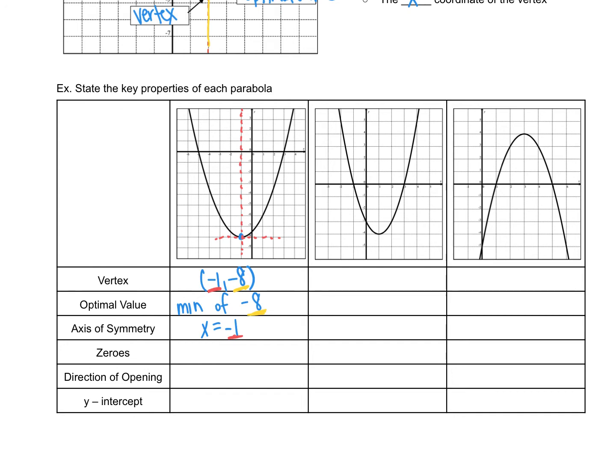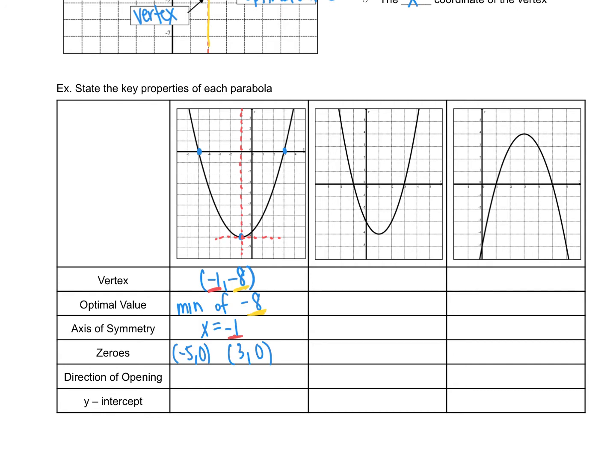The zeros, or the x-intercepts, are here and here. So you're looking at your x-axis and checking to see where your parabola hits it. So we do have 2. We have one at -5 and the other at 3. And because they are coordinates, we're going to write -5, 0, and the other one is 3, 0.